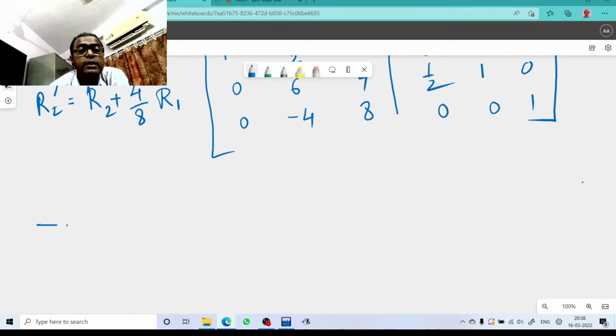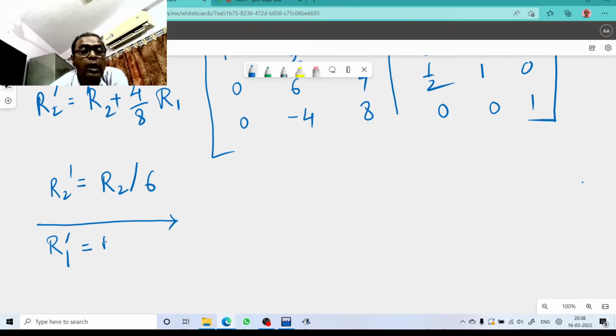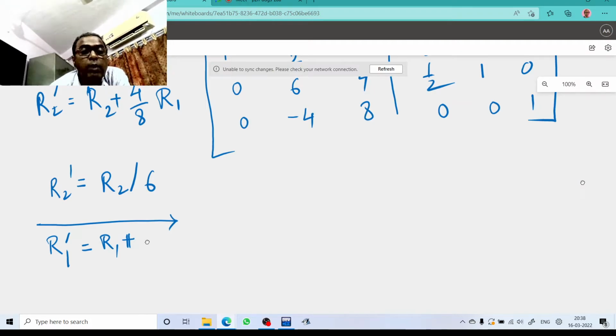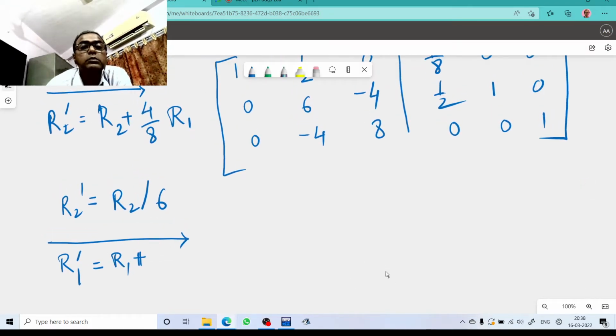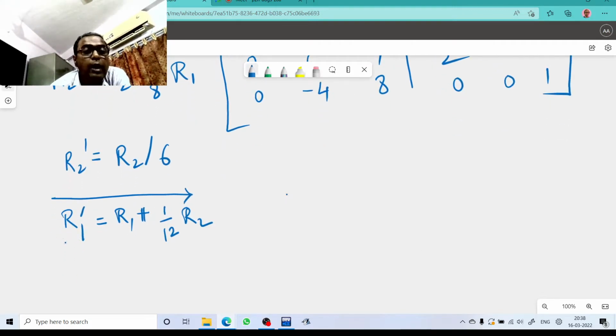So we apply three elementary row operations: R2 dash equals R2 by 6, R1 dash equals R1 plus 1 by 12 R2, and the third operation R3 dash equals R3 plus 4 by 6 into R2.